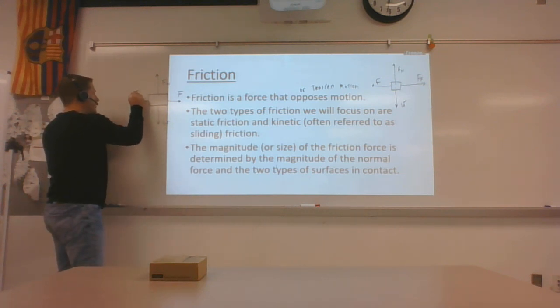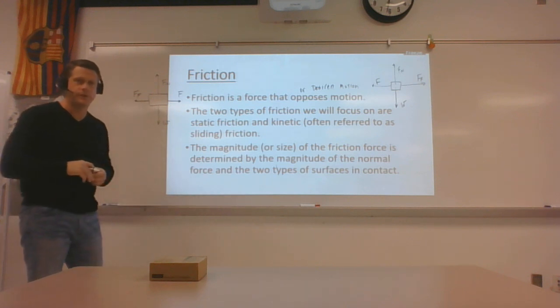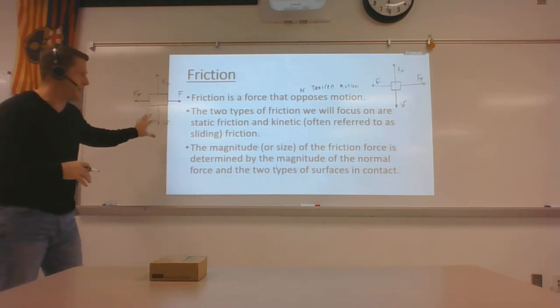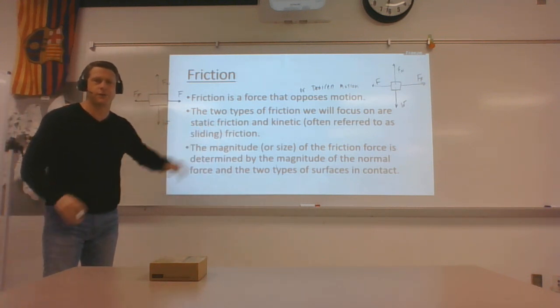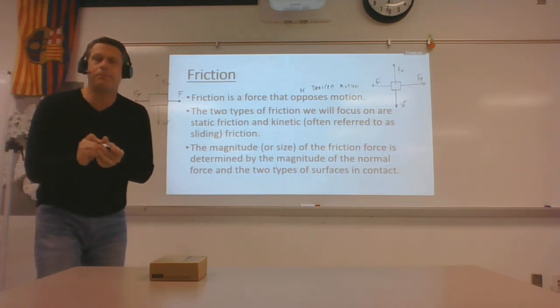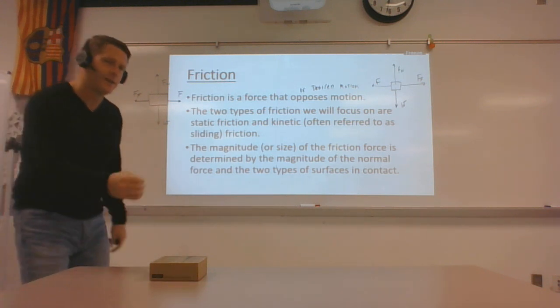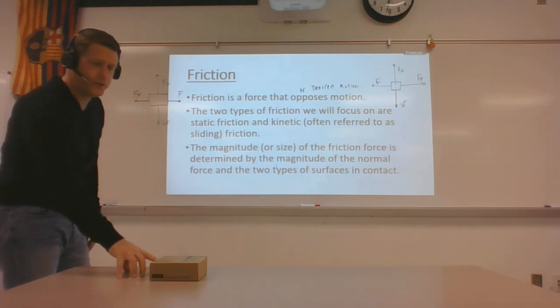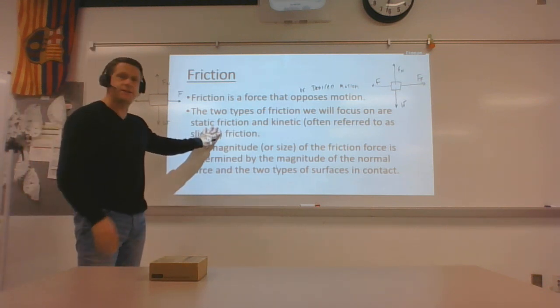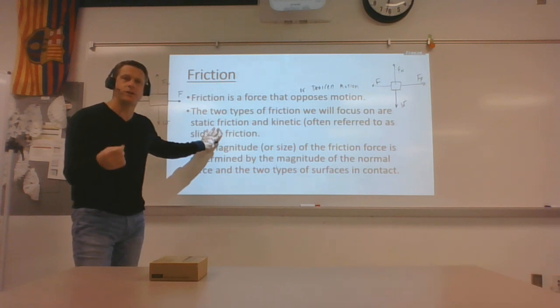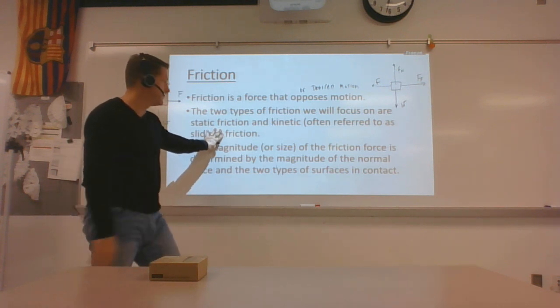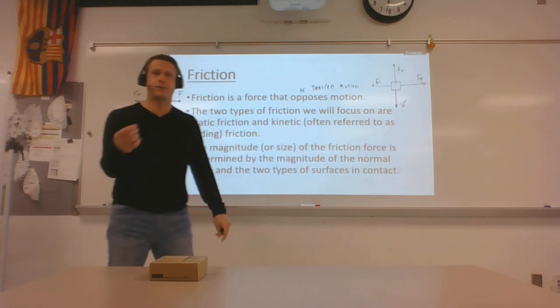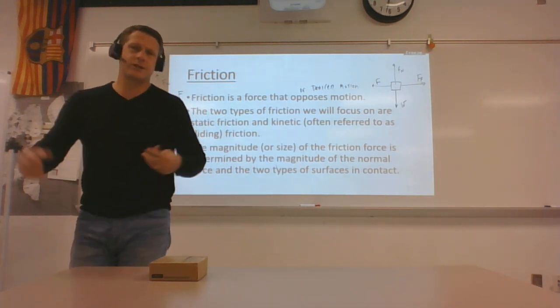Well, that other force is the force of friction. In this particular case, it's the force of static friction. How come? Well, because the box isn't moving, right? This box is not moving. It's static. Static friction is the friction force that opposes desired motion. Kinetic friction is the friction force that opposes sliding motion.